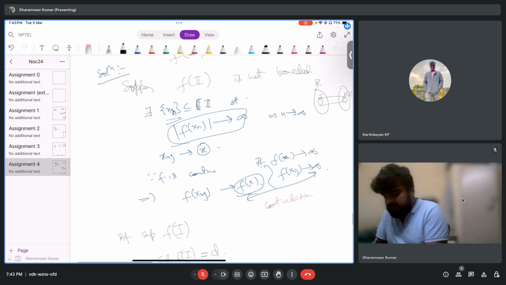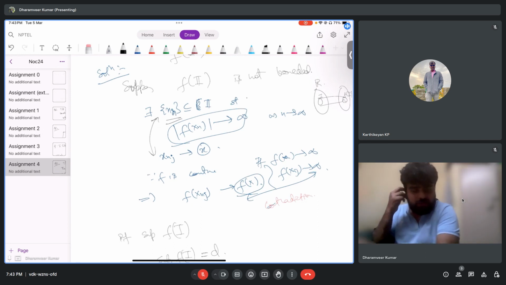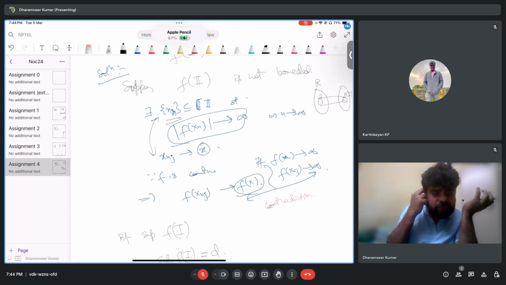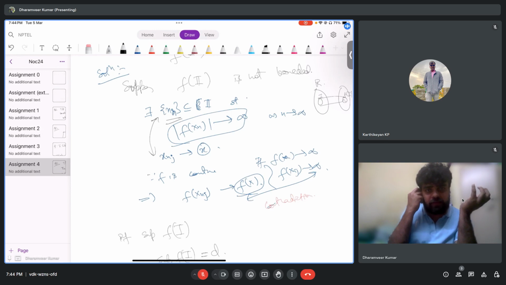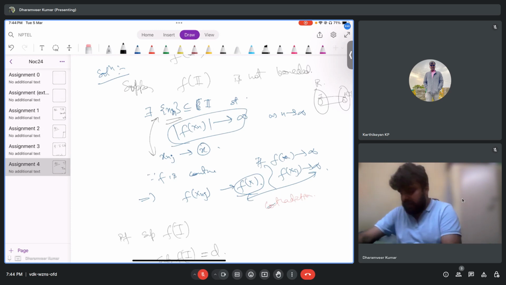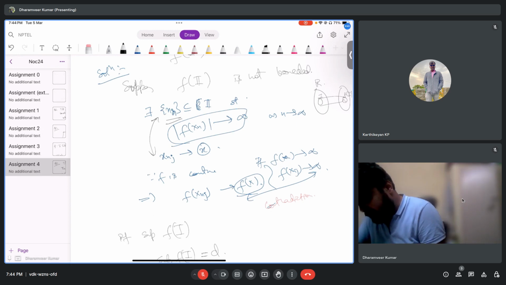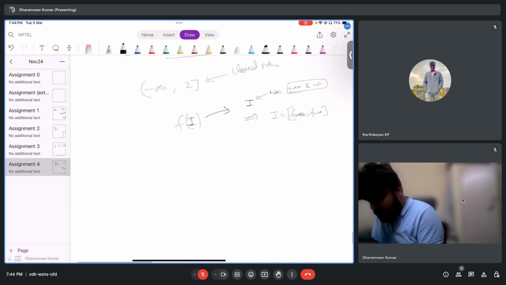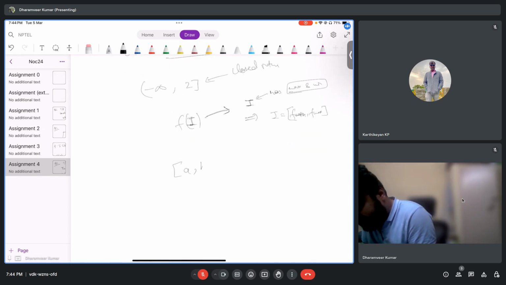Since I is a closed interval, for any closed interval, either it's compact or it is going to infinity. How can you write a closed interval? Either you write like this or like this.